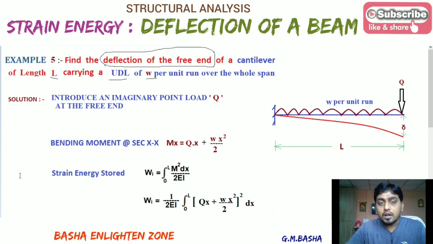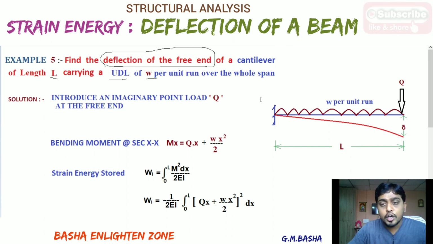See here, introducing an imaginary point load Q at the free end. Then bending moment at section XX will be equal to Q into X plus WX square by 2.